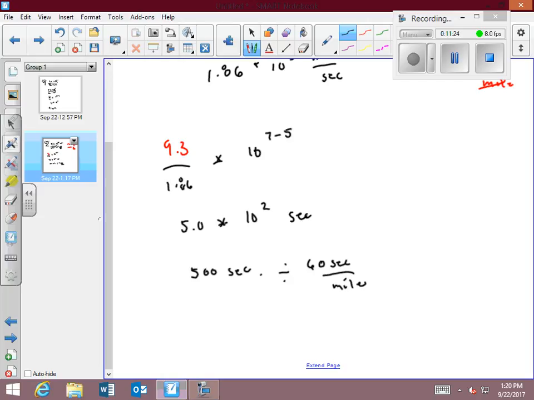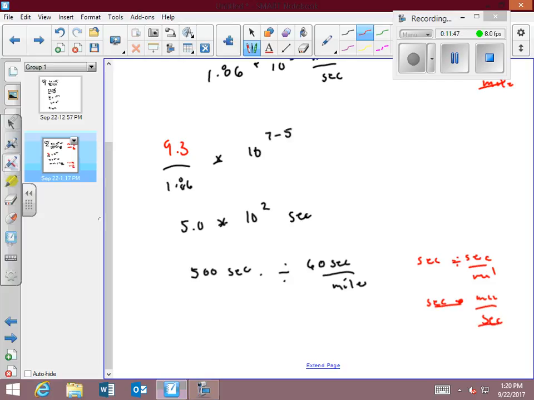If we do that same unit thing, we can see that it's seconds divided by seconds per minute. We invert and multiply times minutes per second, and our answer would be in minutes, right?